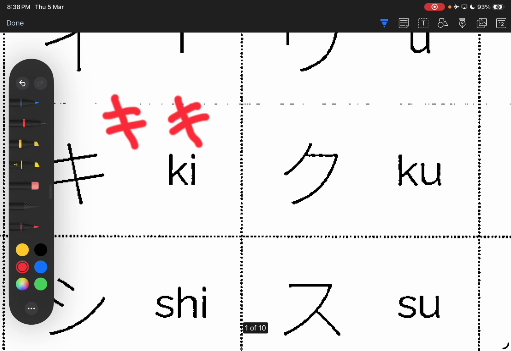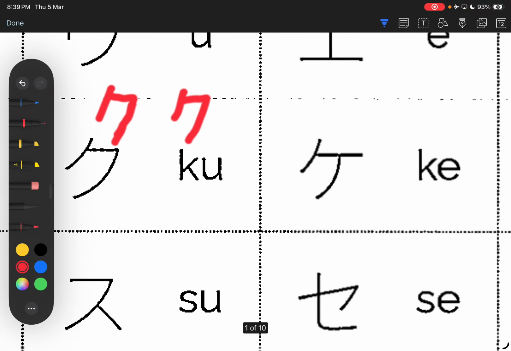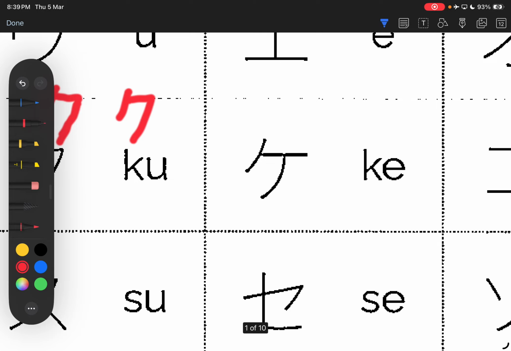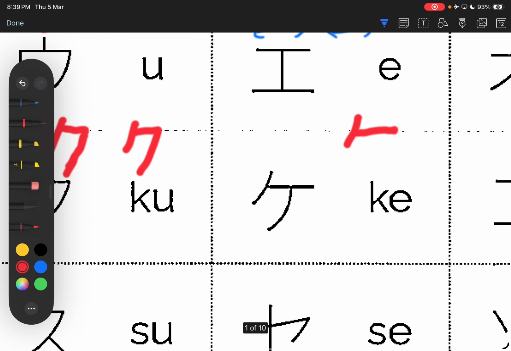Next we have ku. So ku is just like that. We will draw the left side stroke first, then we draw the right side arrow, and then we move it down. Ku. Ke. So this one is just an inverted E. Remember our E is like that, right?